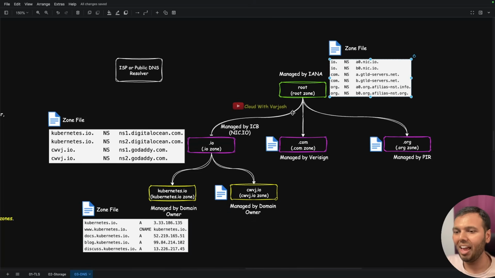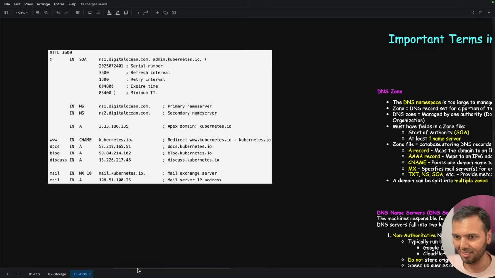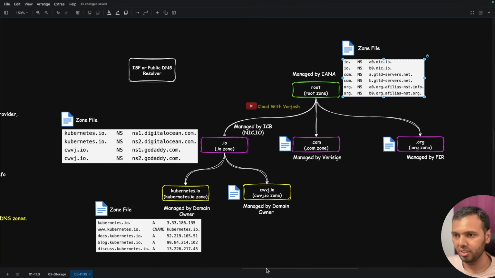A zone file can have many more fields, and I will show you those later on this screen, but for now let's concentrate on this diagram. Now the question is, who is managing these zone files? If I talk about root, then IANA manages the zone file for the root, and IANA is the Internet Assigned Numbers Authority. Now we know what information the zone file of root will be having.